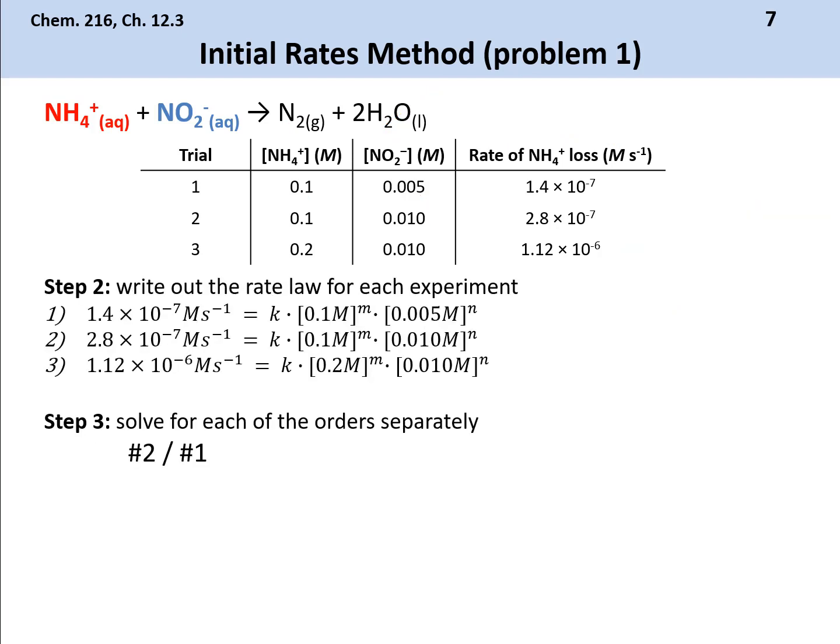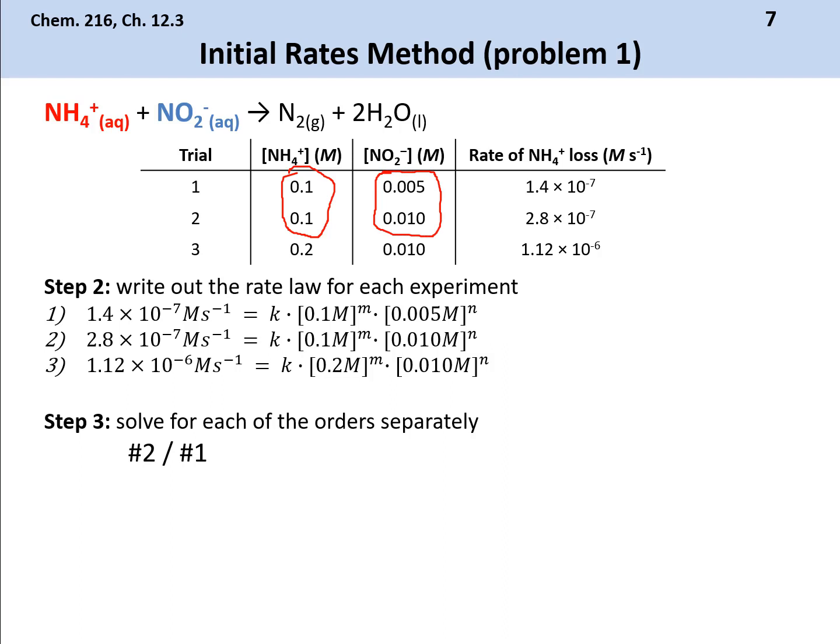All right, step 3. Step 3 is the hardest. In step 3, I look at all these equations I have and ask, how can I find a case where I kept one thing constant but changed something else? Notice between trial 1 and trial 2, I kept NH4+ constant, but I changed NO2-.